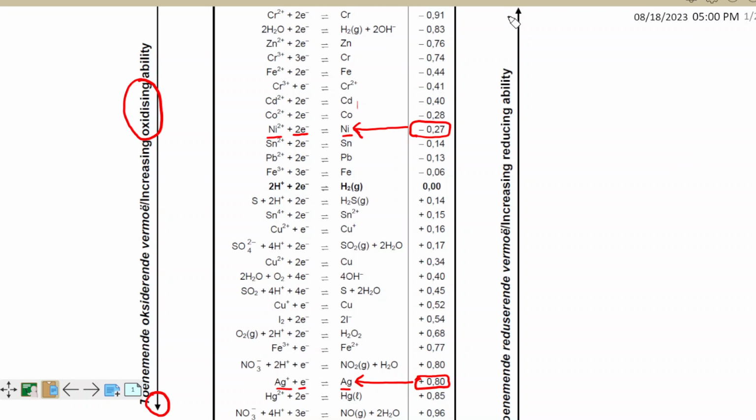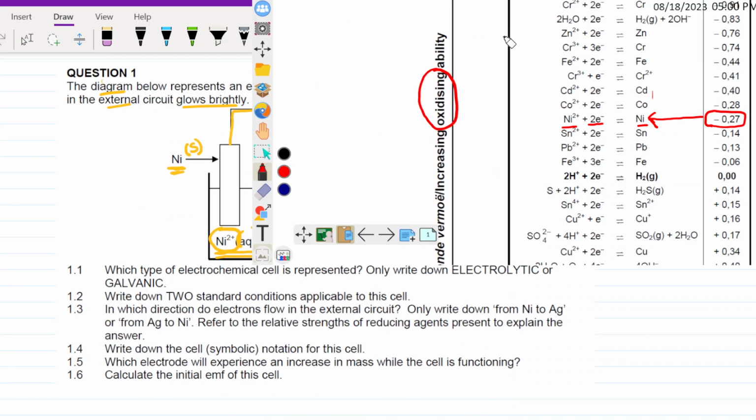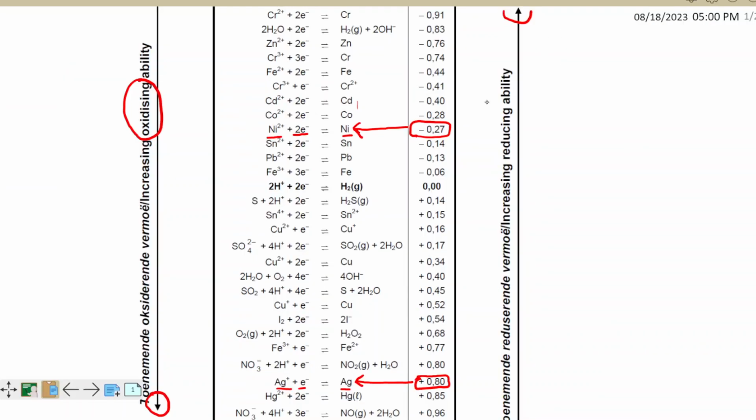And then you can see here they said reducing ability. So we have the arrow on the left pointing downwards, which says oxidizing ability, and an arrow on the right pointing upwards, which says reducing ability.